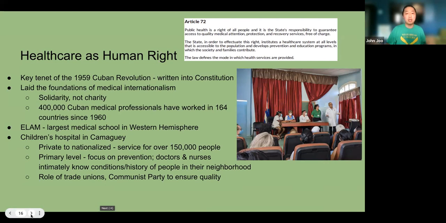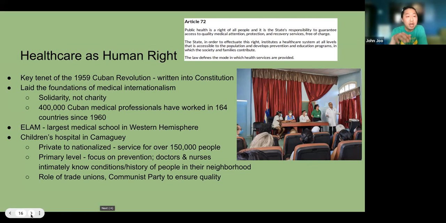And that was really amazing to hear. They also talked about how at this level, doctors and nurses know the people in their community, because they go and learn about the conditions and the history of those people in those neighborhoods. So when something happens, they're able to better treat them because they understand the many determinants that affect people's health. Also, on the panel there were a couple of people, somebody from the trade unions and someone from the Communist Party.